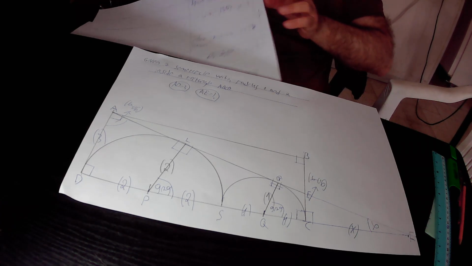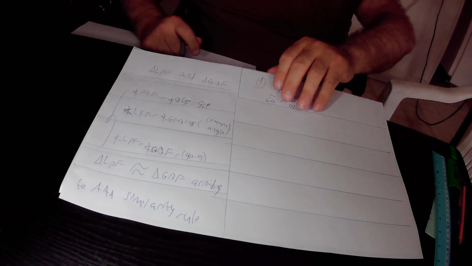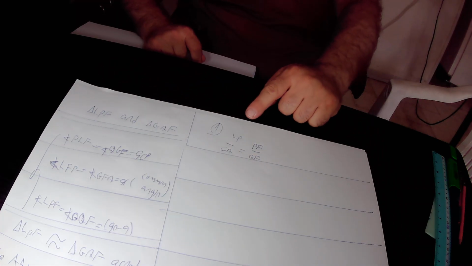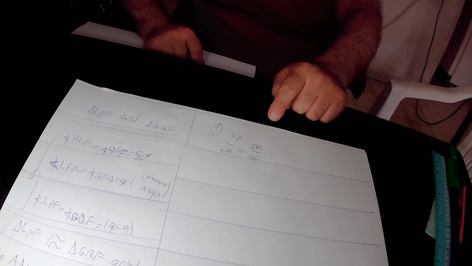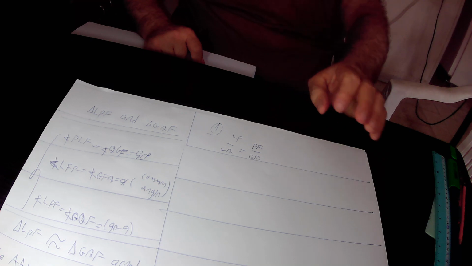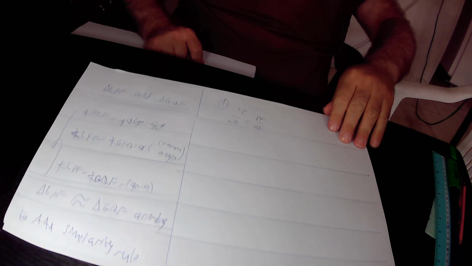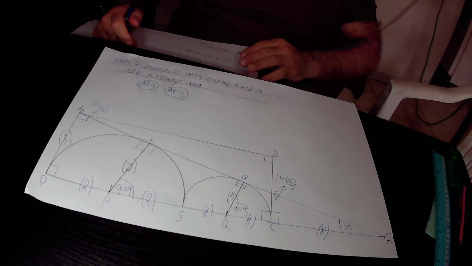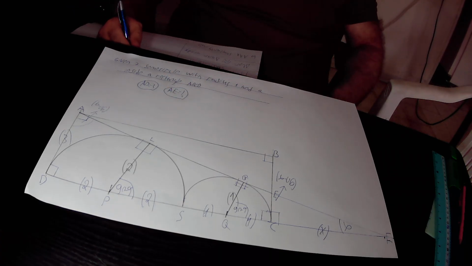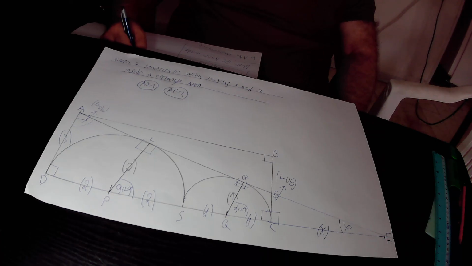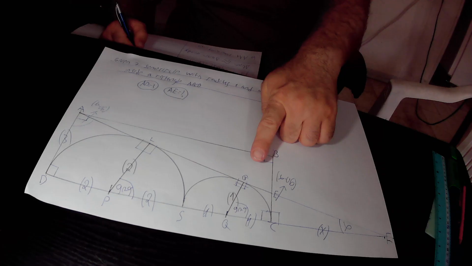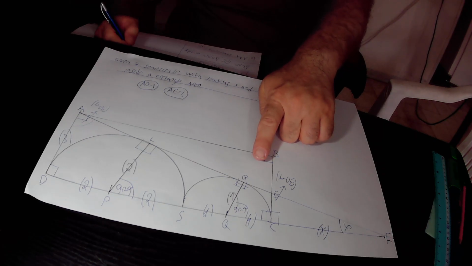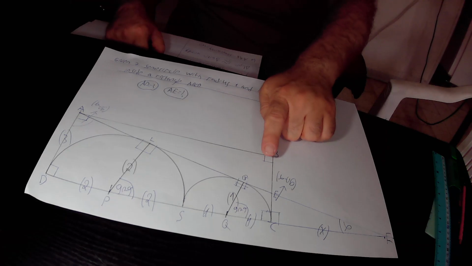So again, we derive that LP over GQ equals PF over QF. LP is 2, it is the radius of the big semicircle, equal to 2 units, over GQ. GQ is 1, it is the radius of the small semicircle, and it equals PF.